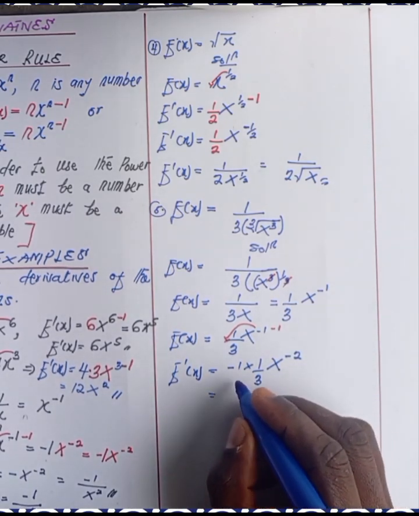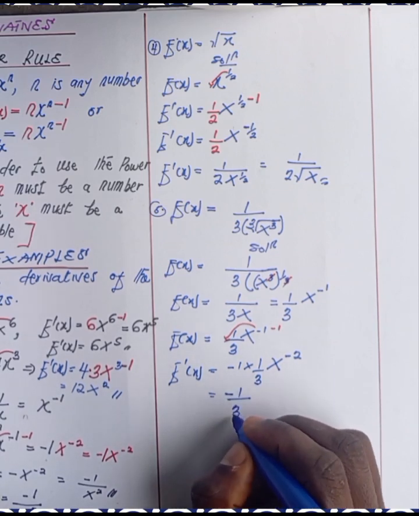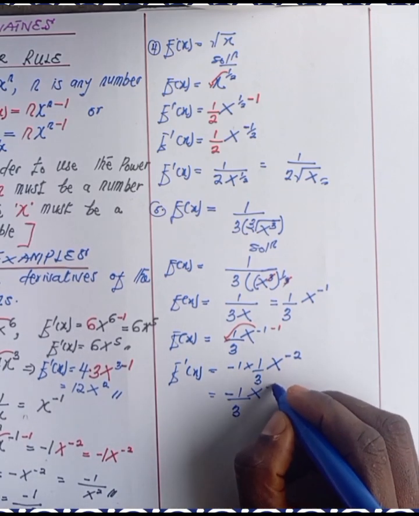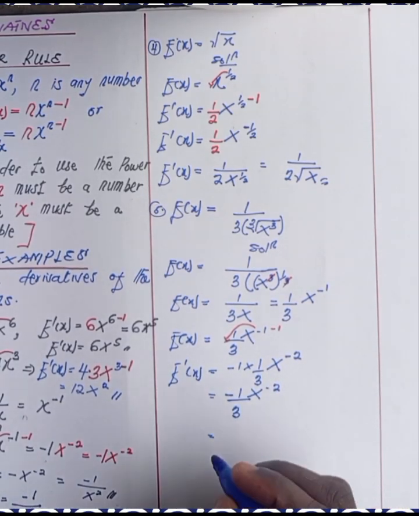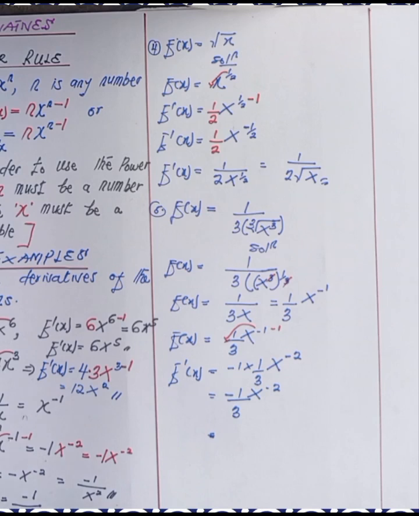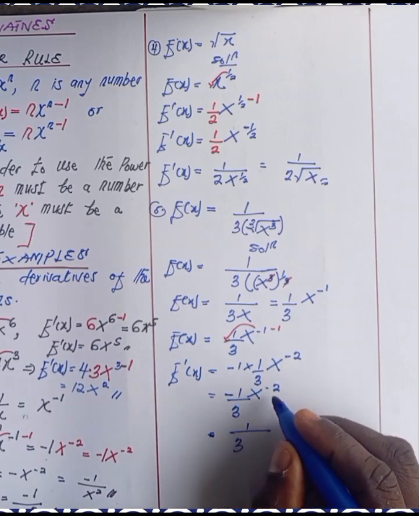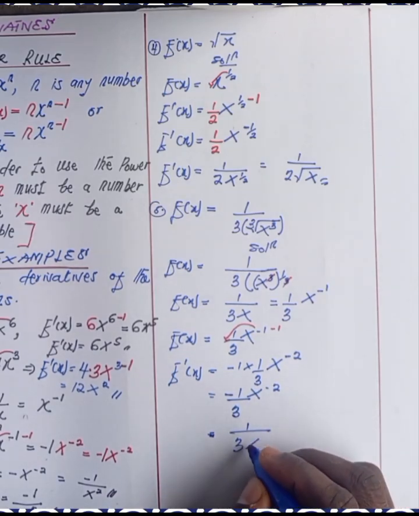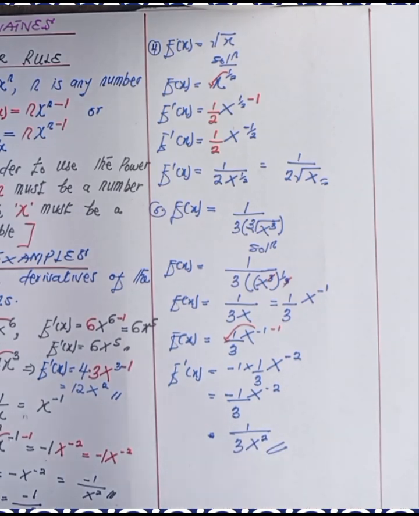Minus 1 times 1 over 3 gives minus 1 over 3, and then we have x exponent negative 2. Now we can also simplify this to make it look nicer. So we are going to get negative 1 over 3, and then x exponent negative 2 can be written as what? x squared. And this is the derivative of this function.